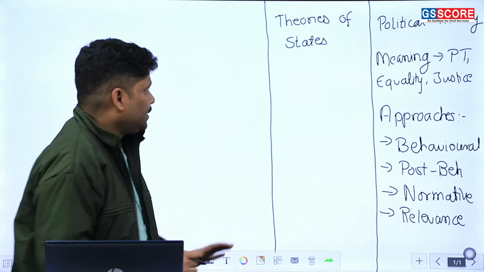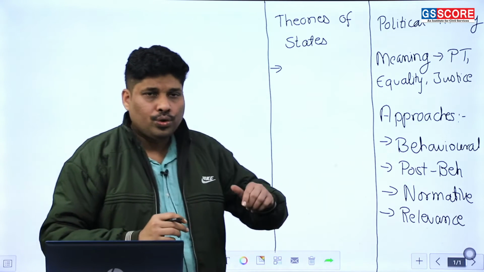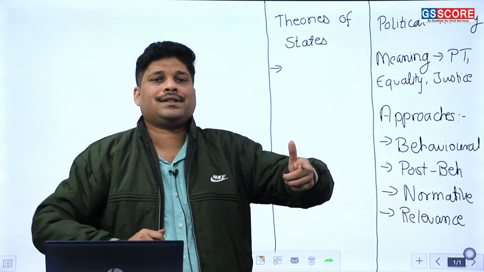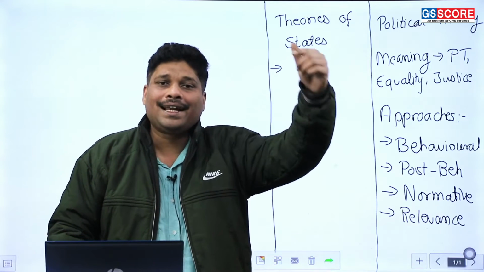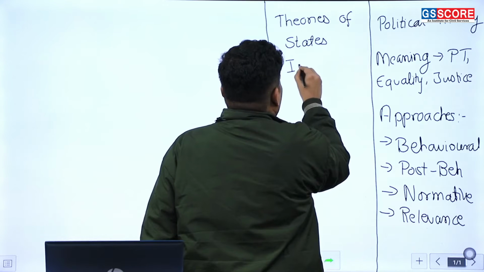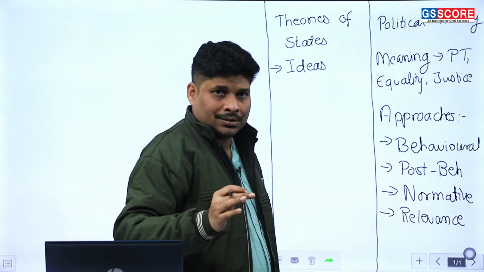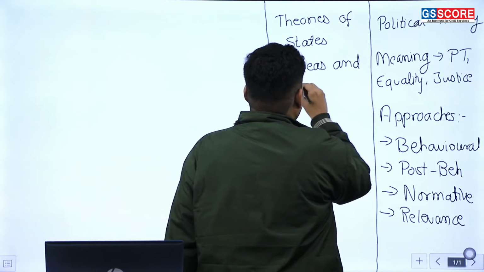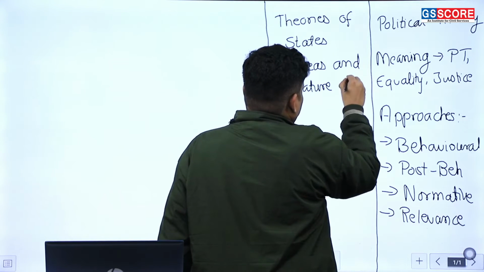UPSC expects you to know different ideologies on the basis of which states are established, or are expected to be established. It wants you to know different ideas and features of states.